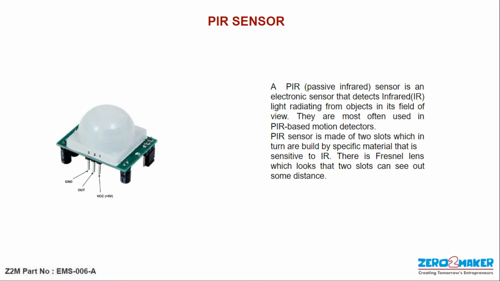Now you can see this is the PIR sensor. You have visited many hotels or malls where some doors work automatically, and this particular sensor detects the movement of any object or substance. It has a very systematic dome design.